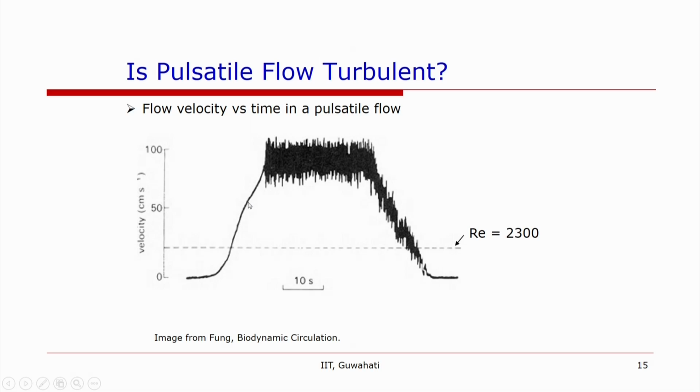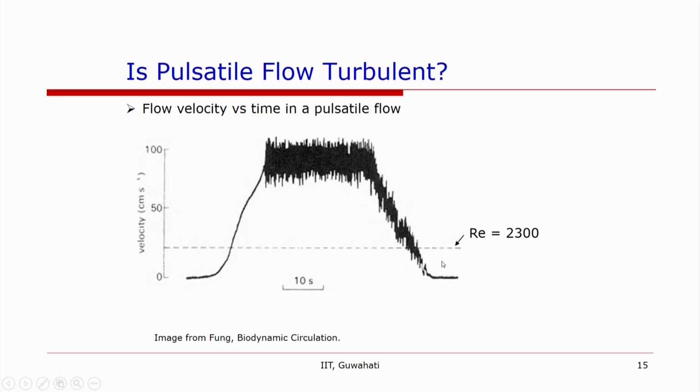So, what does this suggest? In an accelerating flow, where the velocity of the flow is growing, because it takes some time for the eddies to grow or turbulence to set in, the accelerating flow is more stable than the steady flow at the corresponding Reynolds number. So the transition Reynolds number for an accelerating flow, where the flow velocity is increasing, is higher.